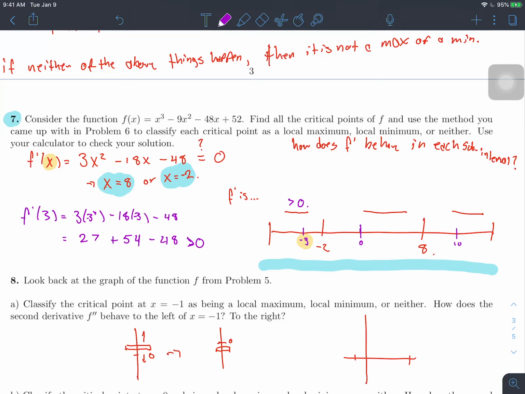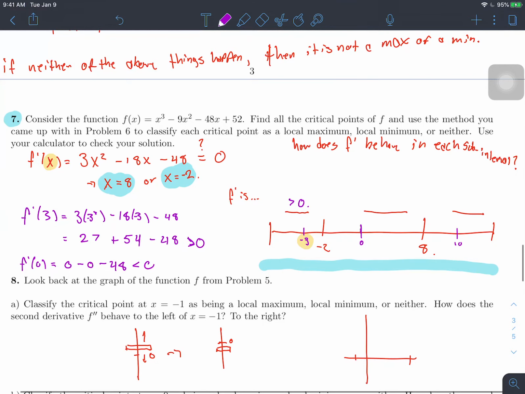Okay, now I'm going to do the same thing with my other 2 points. I'm going to check what's f prime of 0. Well, f prime of 0 is just going to be equal to 0 minus 0 minus 48. That's less than 0. So I'm going to indicate that f prime is less than 0 in that entire interval. So any number that I pick between -2 and 8, if I plugged it in to the derivative, I would get a negative number.